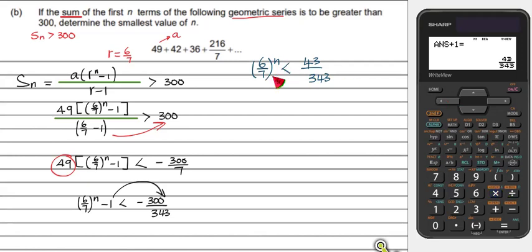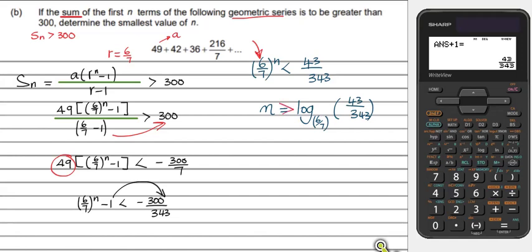Now to get the exponent we use a logarithm, so n equals the logarithm. Well, the base will be 6/7 of that number. All right, I put an equal sign. We're going to come back to that one. So it's 43 over 343. Now, when I look at that base, the numerator 6 is smaller, so that means the inequality sign must reverse.